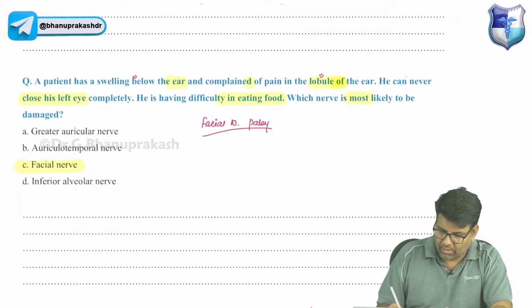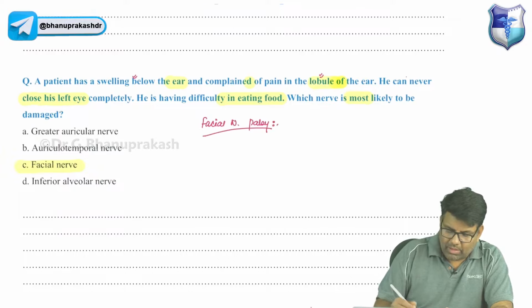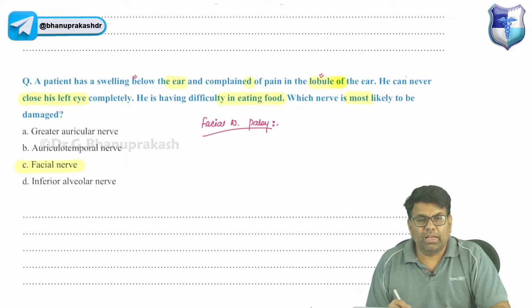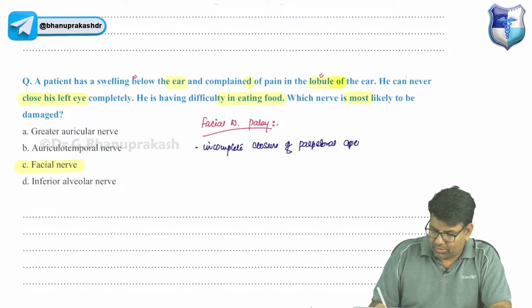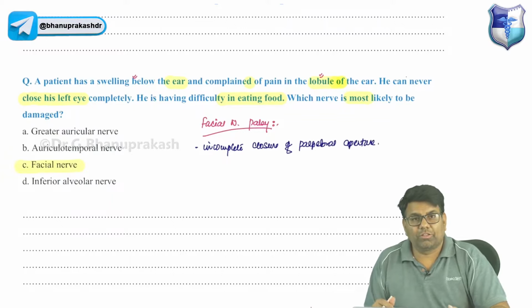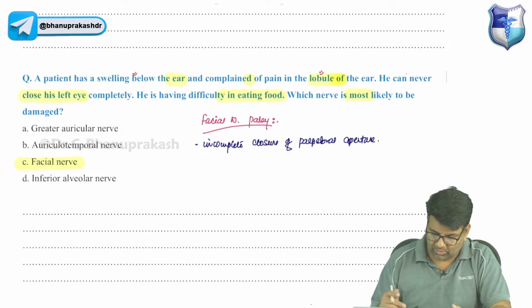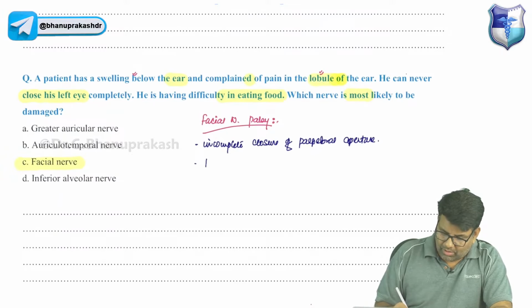palsy, there is incomplete closure of the palpebral aperture. Palpebral aperture, because this is because of paralysis of orbicularis oculi, right? This is one thing. Then there is difficulty in swallowing.